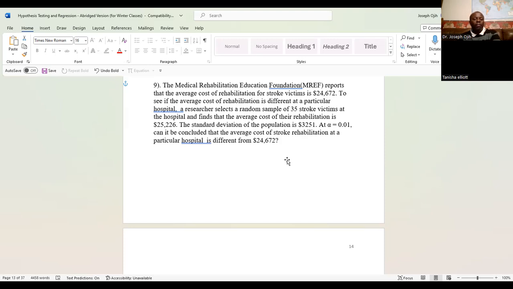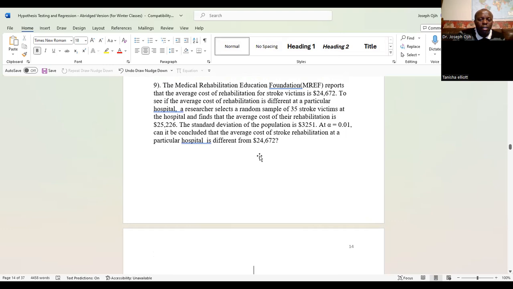To see if the average cost is different at a particular hospital, a researcher selected a random sample of 35 stroke victims at the hospital and found that the average cost of their rehabilitation is 25,226. The standard deviation of the population is 3,251.